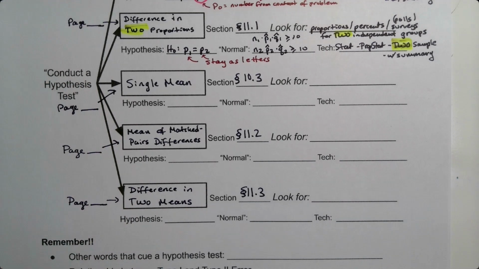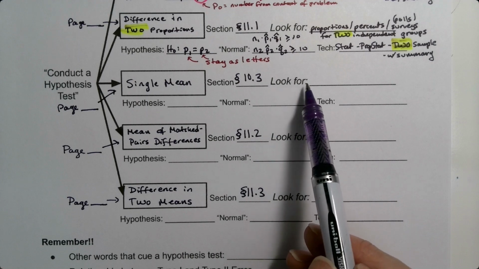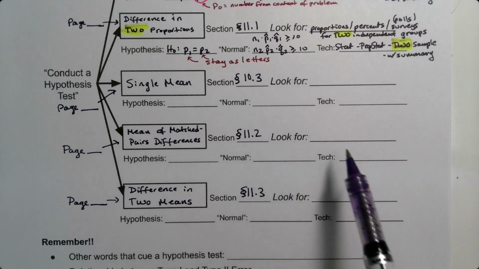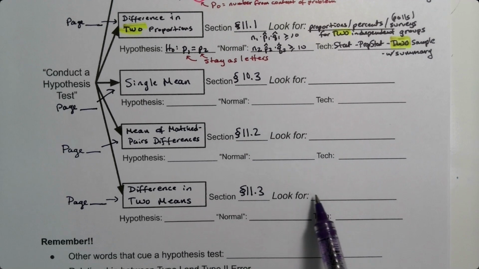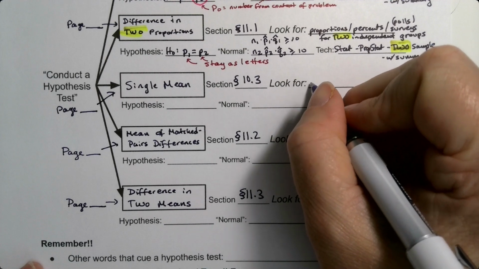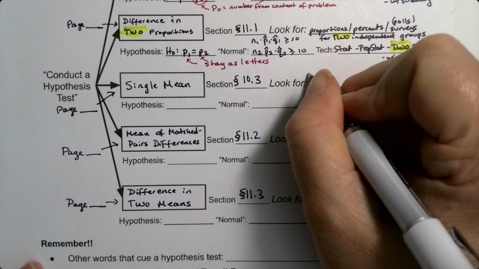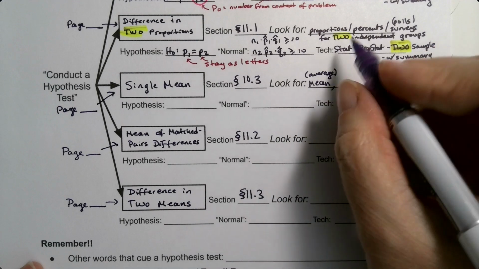So this will be the data are given for one group, right? Mean, average, data, standard deviation for one group. This will be for matched pairs group, and this will be for two groups. So if I wrote mean or average, right? Average is the same word as mean for us in these later chapters.